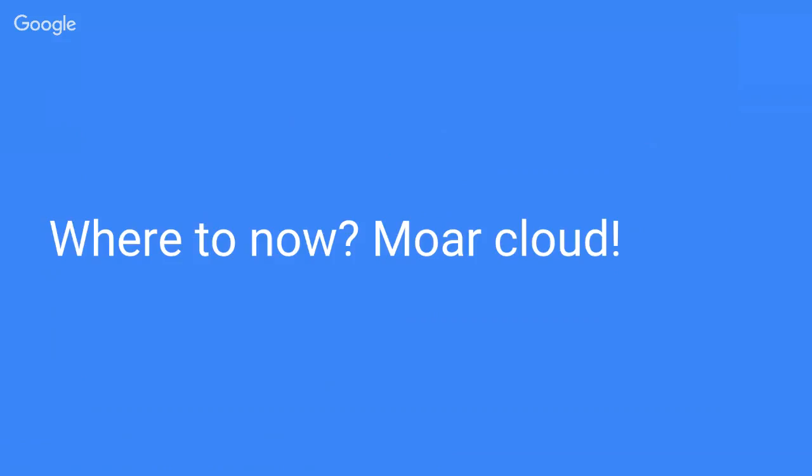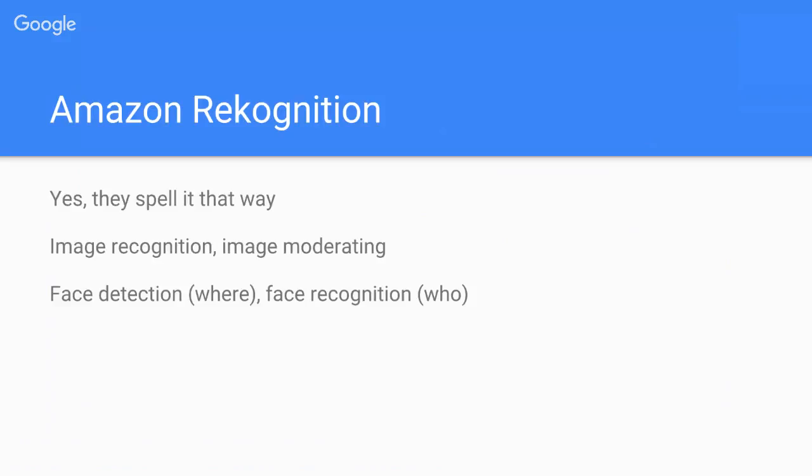So where do we go next with this? One of them you probably have heard already from Michelle is Amazon Rekognition. It's a deep neural network learning engine that can tell you quite a lot of things about an image. So moderation, detection, and recognition, which are two different things, very important.